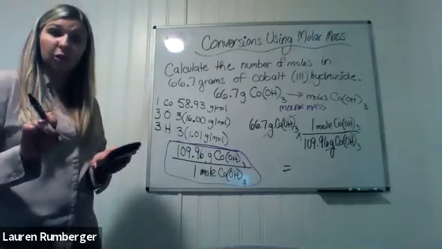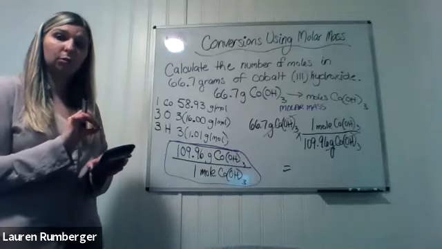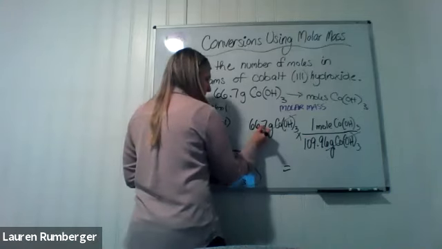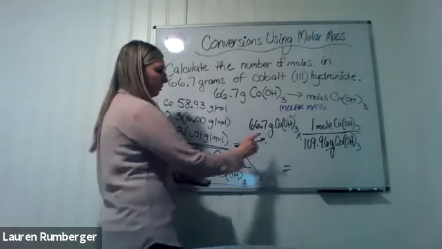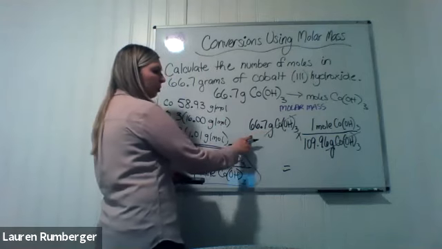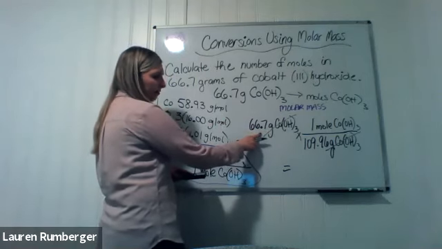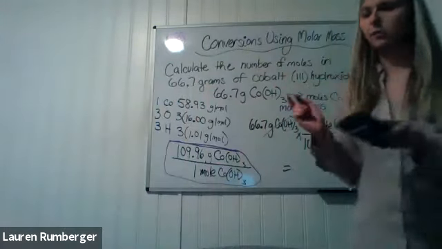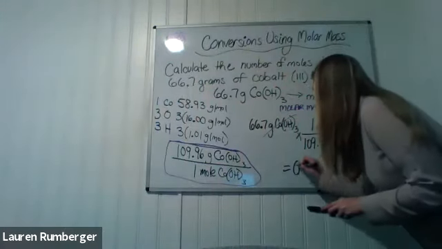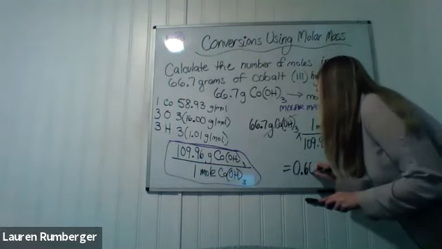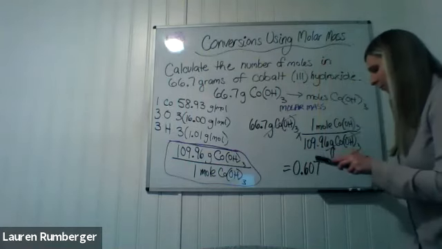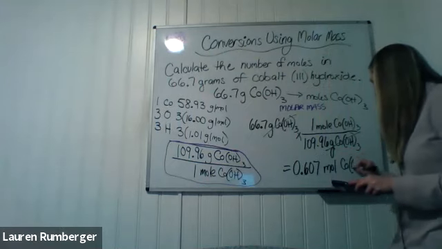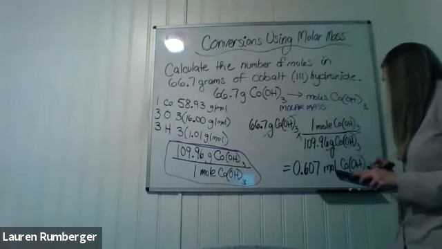We don't need all those digits because we follow significant figure rules. So according to this calculation, the least number of significant figures is what we're starting with here, 3 significant figures. Okay, so therefore I'm going to round my answer to 0.607 moles of cobalt-3 hydroxide.